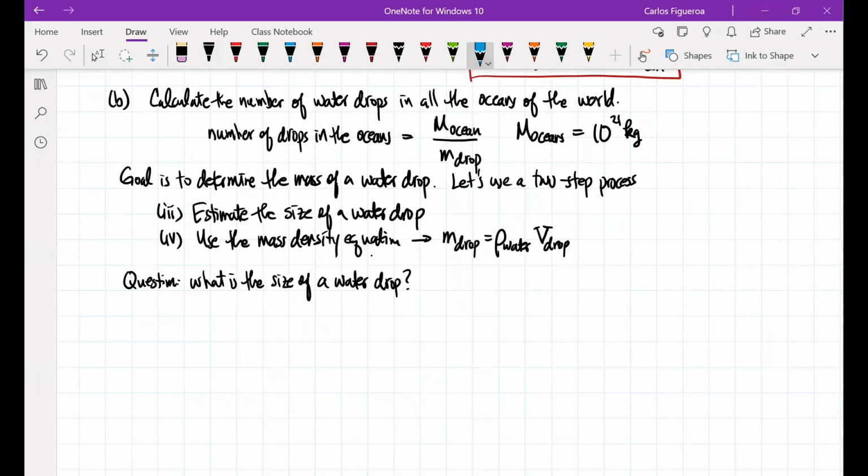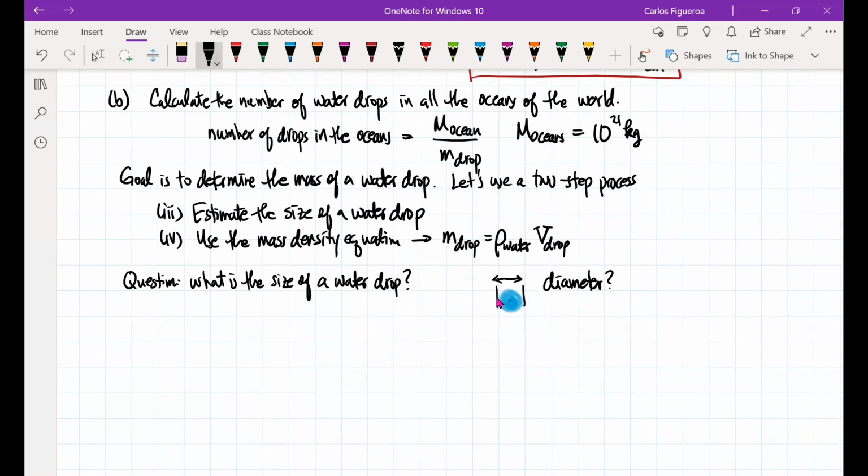So I imagine that I have some water drop right here. And what's a reasonable guess for the diameter of a water drop? Well, I want to make it easy. And remember, this is an approximation.